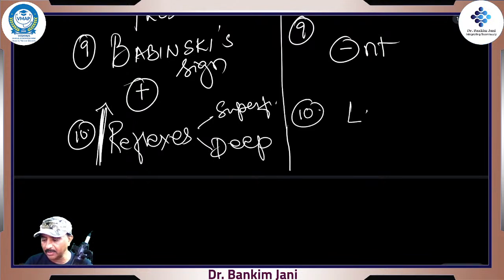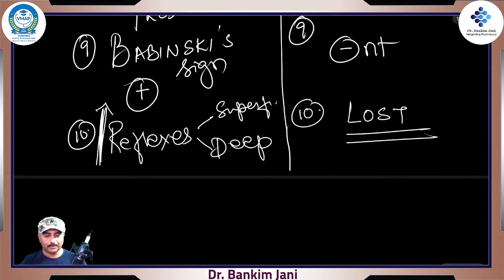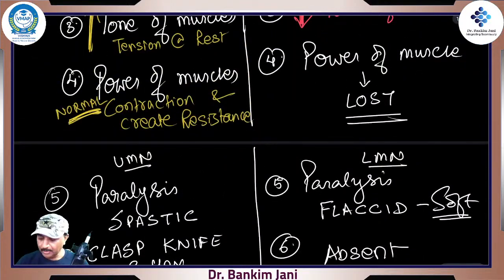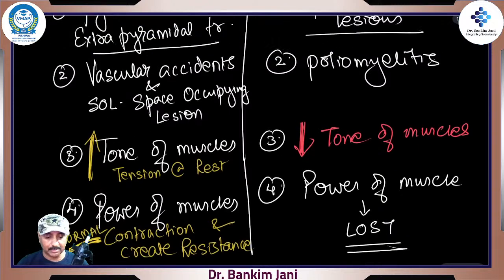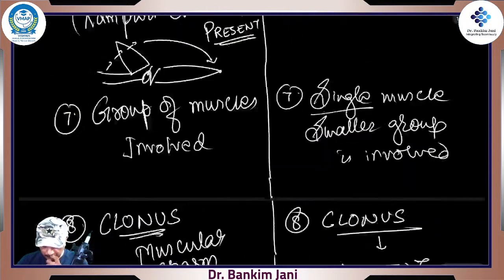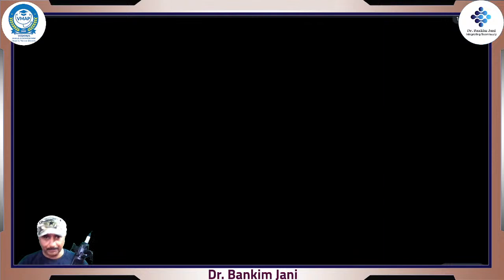So they are totally lost. This is a complete list we have discussed for upper motor neuron and lower motor neuron. Don't try to cram it, but try to understand it. It will make a big difference. With this concept, now you see how easy it becomes.